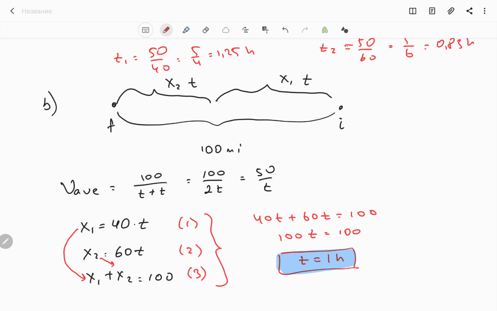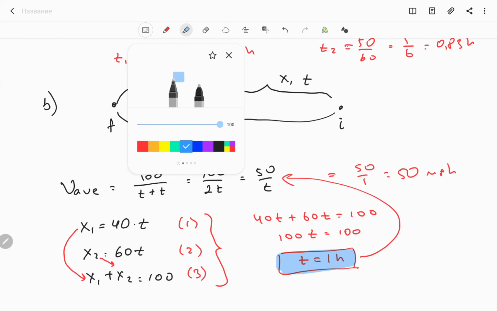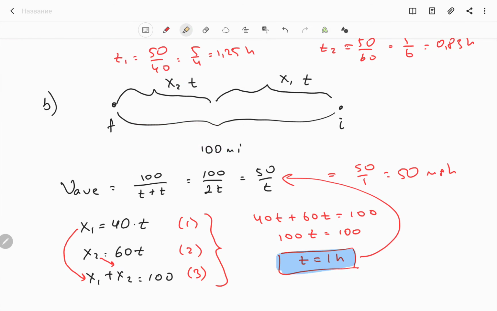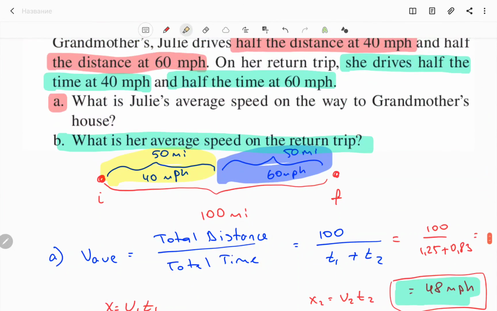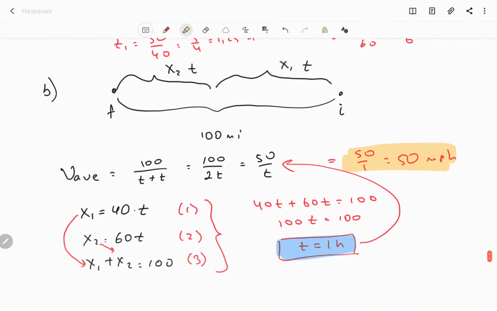Now let's come back to the original equation and substitute. So average speed equals 100 divided by 2, which is 50 miles per hour. This is the average speed when she is coming back from grandmother's house.